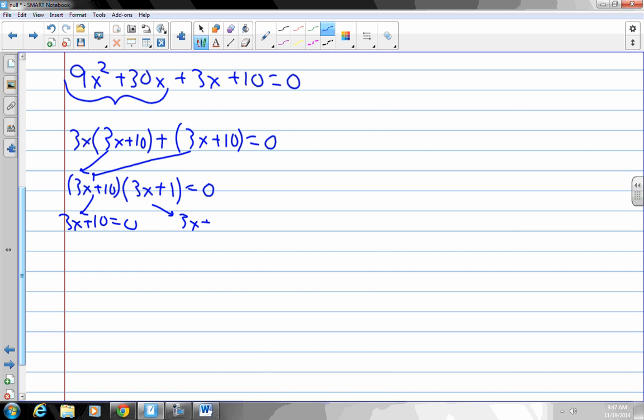Factoring, setting things to 0. So we have two linear equations. 3x equals negative 10, x equals negative 10 thirds, or 3x equals negative 1, x equals negative 1 third. Right? So we're done. So that was a lot of busy work.